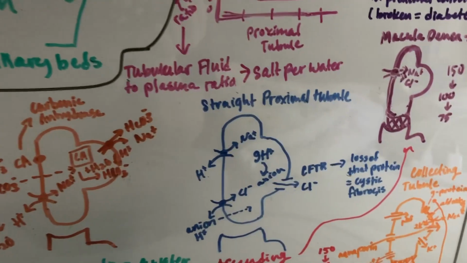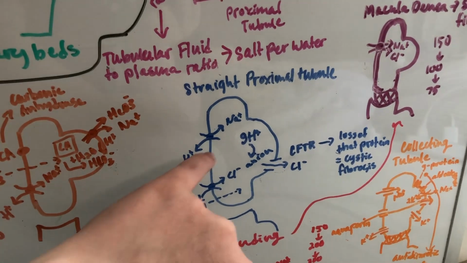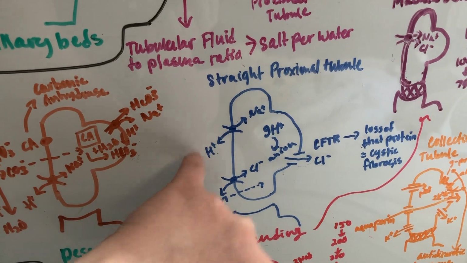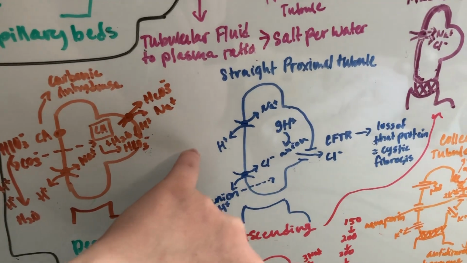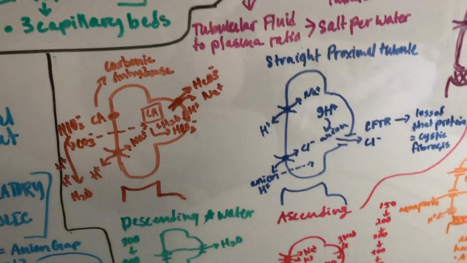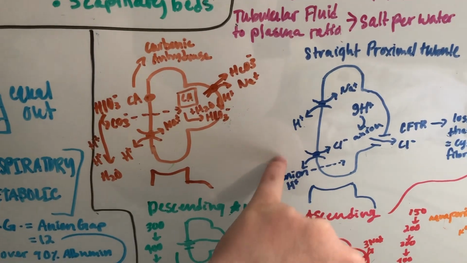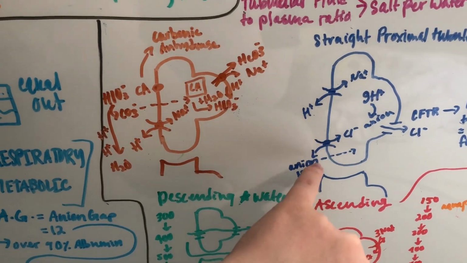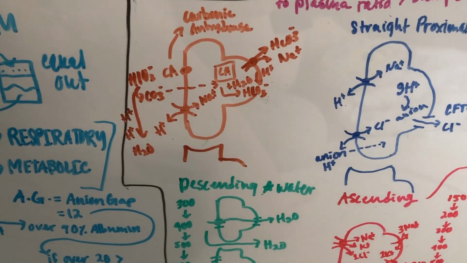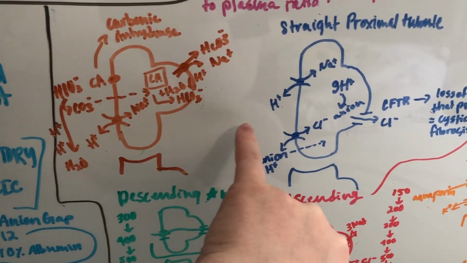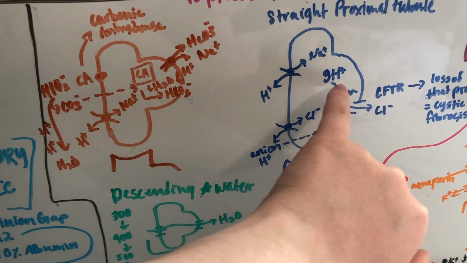Okay, next, straight proximal tubule. You have a pump pumping hydrogen out, sodium in, and then you have a pump that is pumping out anions or hydrogen, and it's pumping in chloride.